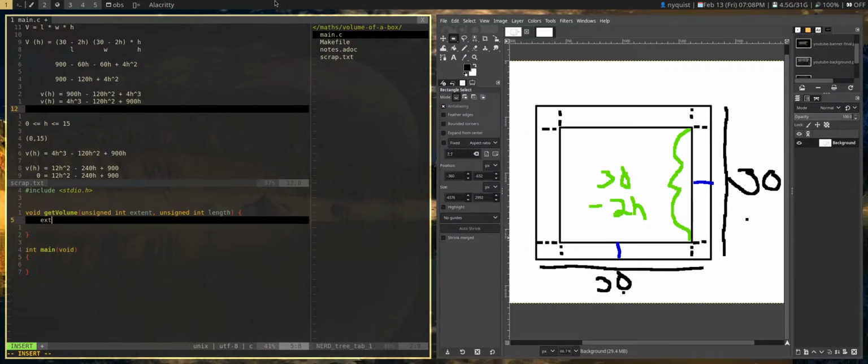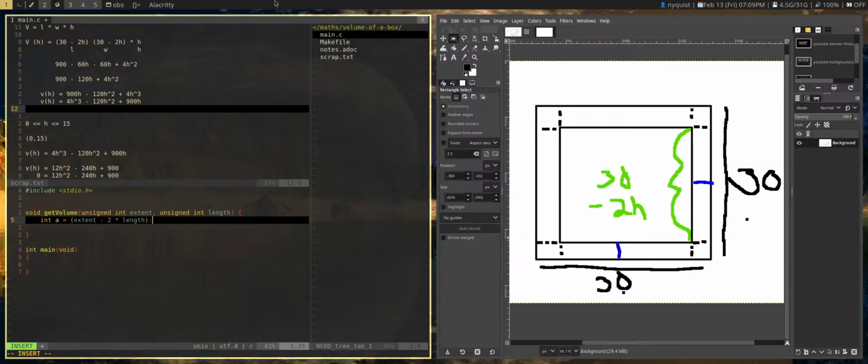Extent minus 2 is going to stay the same. h is going to be the length, so we can just do 2 times length. I'll just use a for now so it doesn't complain.